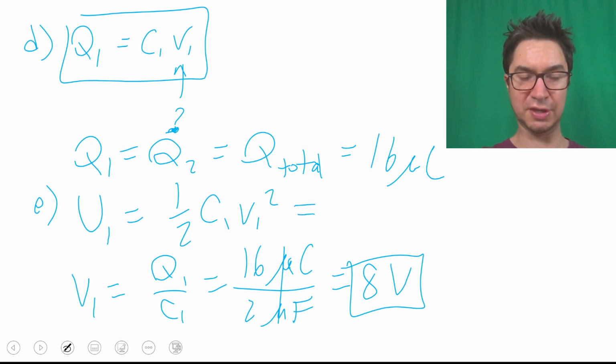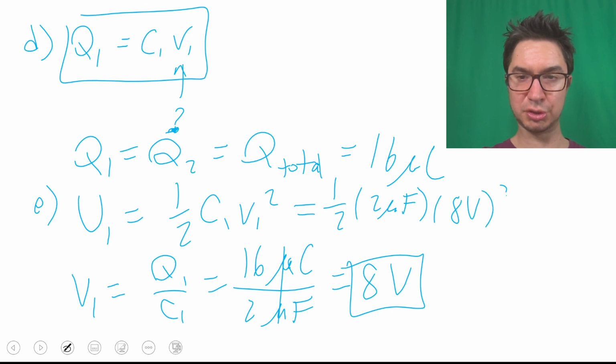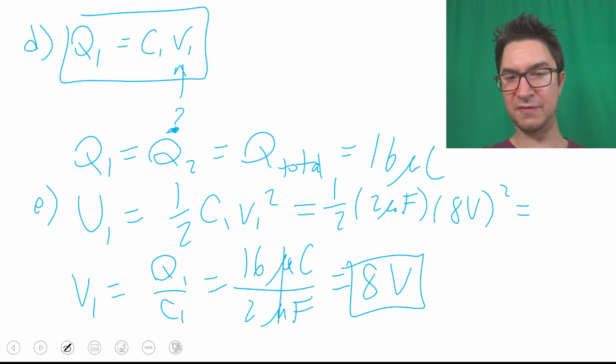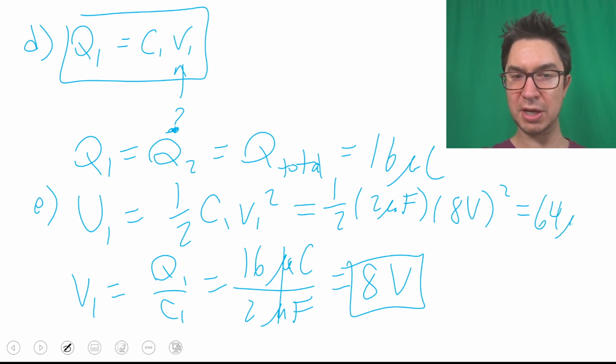So now we're going to say the potential energy is 1/2 C1, which is the 2 microfarads, times 8 volts squared. The 1/2 and the 2 will cancel. 8 squared is 64. So we're going to have 64 microjoules of energy.